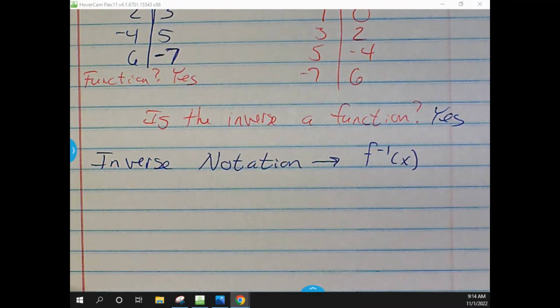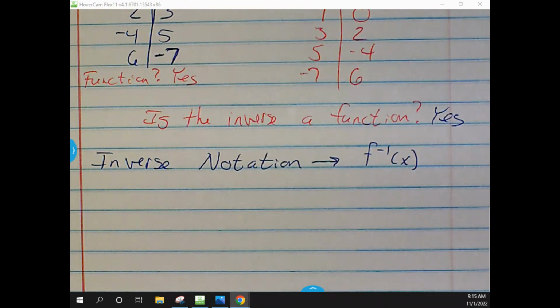And inverse notation is, instead of just being f of x, it's f negative 1 of x. It's not really an exponent. It looks like an exponent, but it's really just the notation of it.